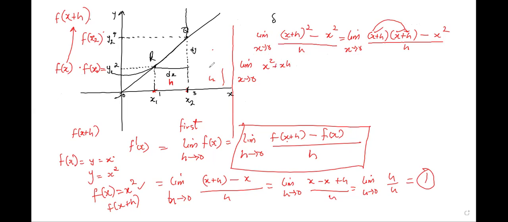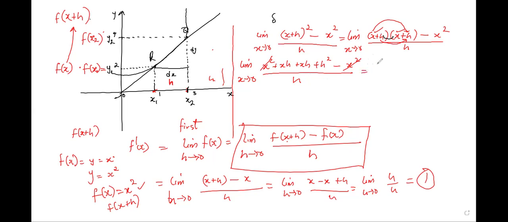We'll do the second one: this multiplied by this, we have another xh. Then finally, h times h gives us plus h squared. So we have minus x squared, this final x squared, everything upon h. So do you see that there is x squared here and x squared here that can go, right?